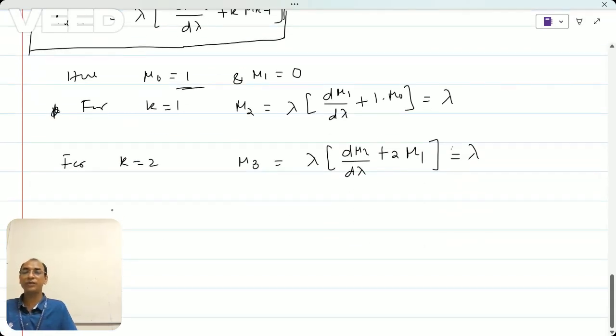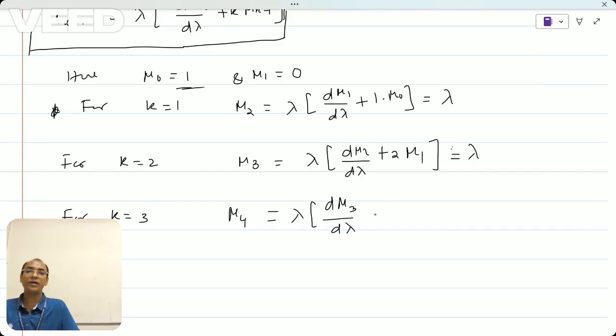Similarly, you can go for k equal to 3. Mu 4 is equal to lambda d mu 3 divided by d lambda plus 3 into mu 2.